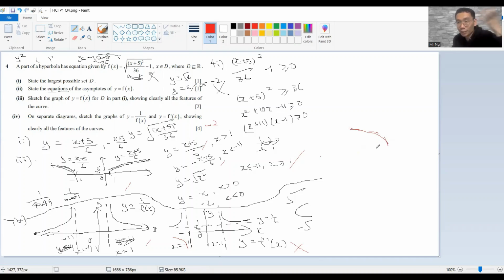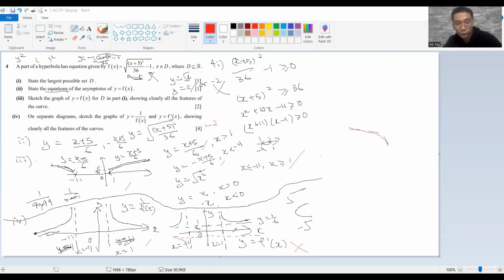The magnitude becomes steeper and steeper, so the magnitude becomes bigger and bigger. That's why it becomes more negative and more negative. That's why the graph should look like this, with asymptote here at 1/6. That's why I lost 2 marks, because this part of the graph is wrong and the asymptote is wrong. So with that, I already lost 7 marks. So continue.